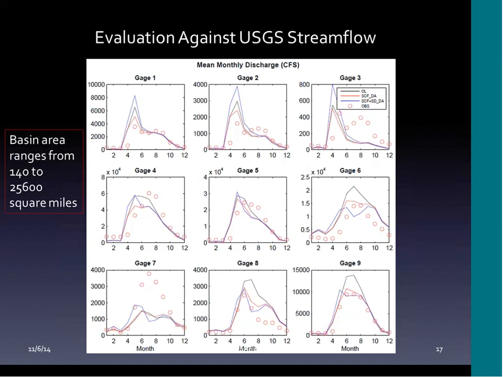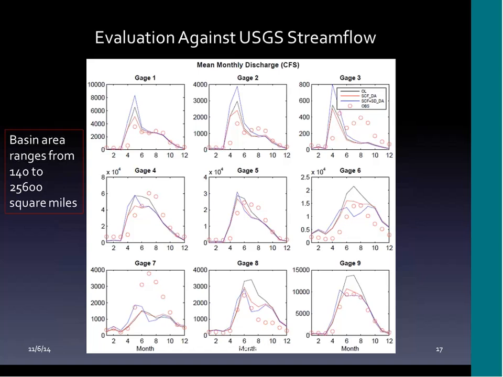Here we are looking at the monthly streamflow from the model, compared to USGS, from different model runs. I just want to highlight a few things here. Surprisingly, we got the best results with snow cover assimilation, which is shown in red. The observation is in the red circle.